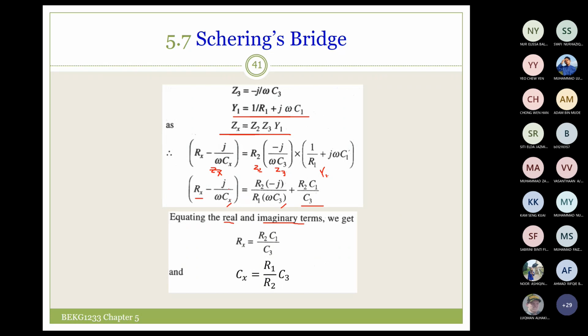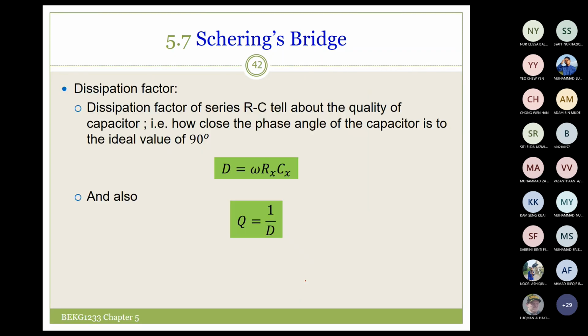Then Cx is 1 over Cx, therefore we have to invert it, giving R1 over R2 C3. So these are the important equations for the Schering bridge: Rx equals this one, and Cx is equal to this one.